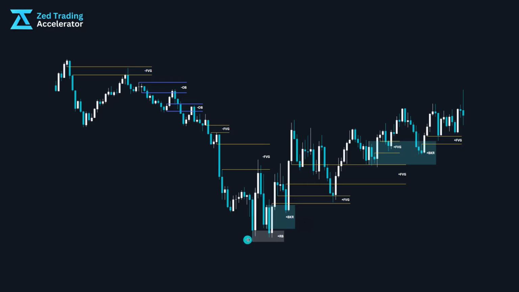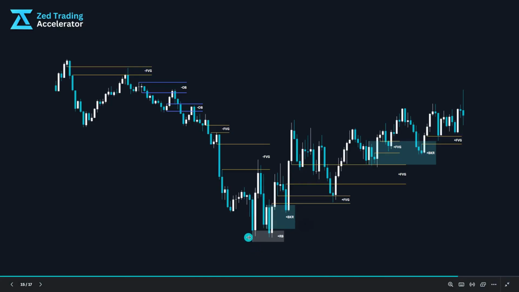Since we have already retraced into this fair value gap, now we should displace lower and continue bearish. But after retracing into this fair value gap, price failed to continue lower. It failed to displace lower.